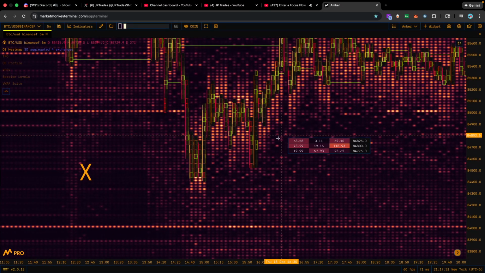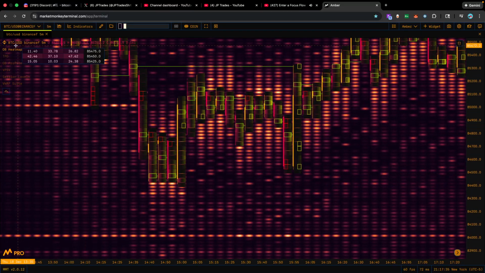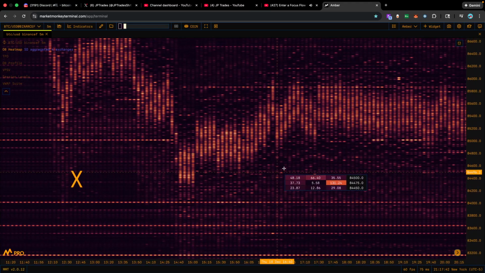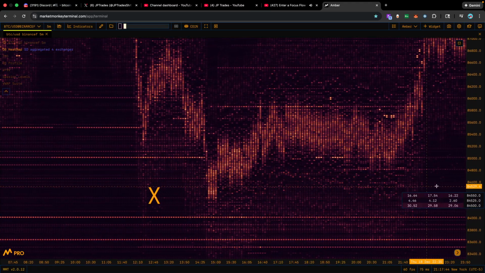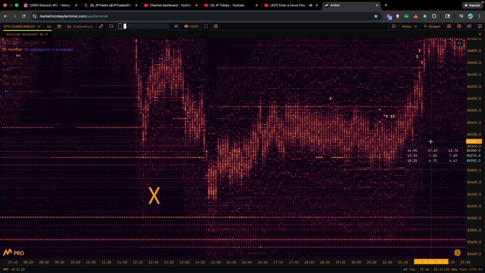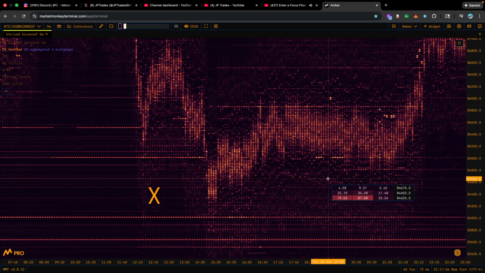So what do we see down here in this manipulation area? One, let's turn off the cluster candles. Even just looking at our heat map, you should be able to notice something just by looking at this. Now, I'm not going to get real deep into how to use a heat map on its own without even candles. Yeah, there's a way.